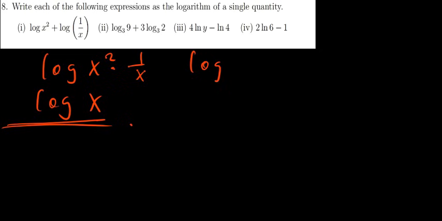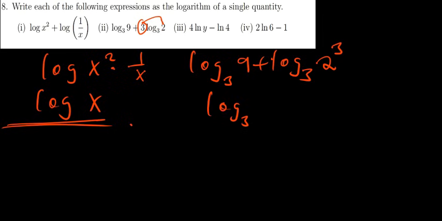So log base 3 of 9 plus, the property of log allows us to shift the number in front to become the power. So that becomes 2 to the power 3. So log base 3 of 9 plus log, the base is 3, now this becomes 8.